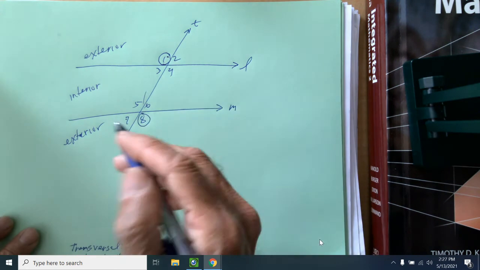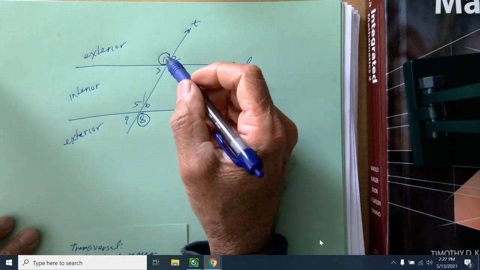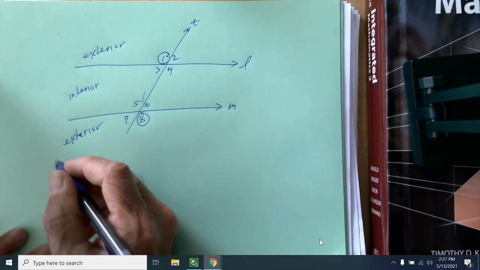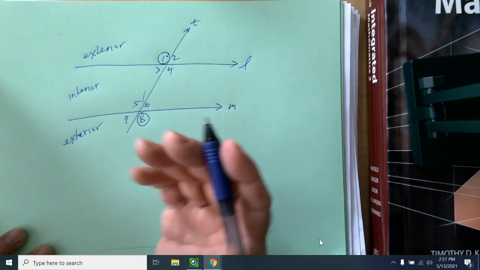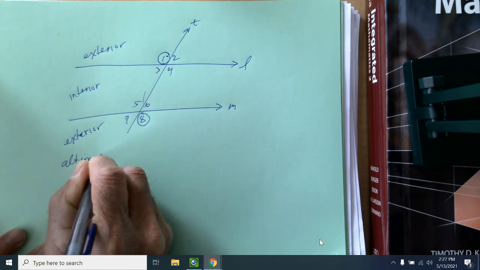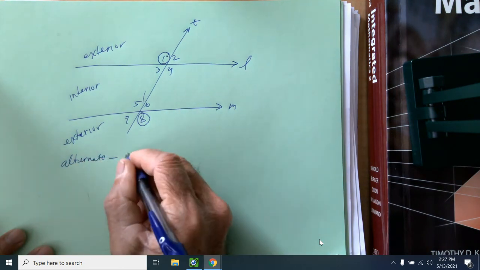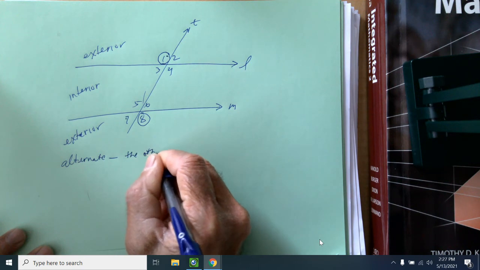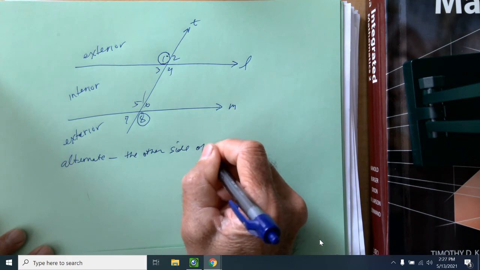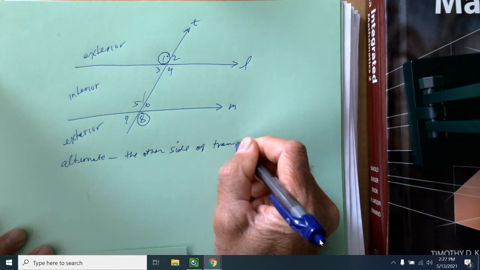So we're going to look at this. Now this is, you could say, different, but the word we're going to use instead of different, or opposite, is alternate. Alternate means we're going to talk about the other side of the transversal.